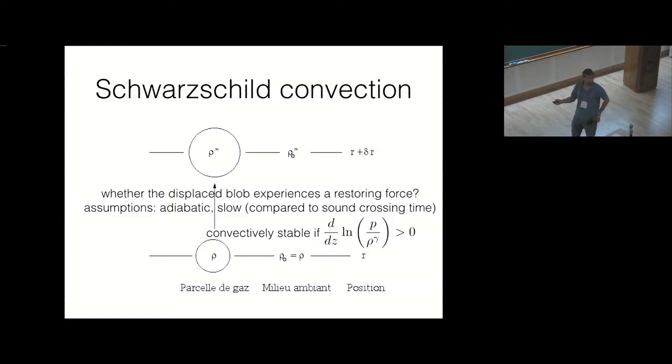You can do linear stability analysis and show that for a normal stably stratified flow, this arrangement is convectively stable if the background's entropy increases with height, or the density decreases with height.